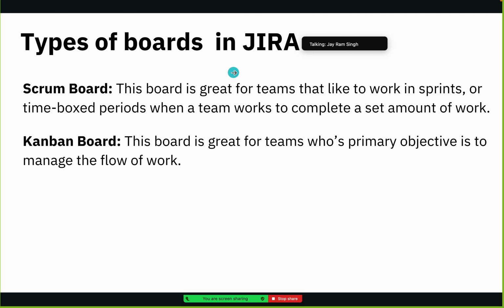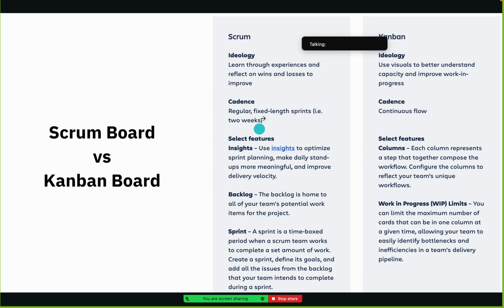So we talked about what Scrum and Kanban are. The ideology of Scrum is to learn through experience, and Kanban is visual to better understand capacity and improve work in progress. Scrum has regular fixed length sprints, while Kanban is continuous flow. I think you know the meaning of fixed length sprints, generally 2 to 3 weeks.